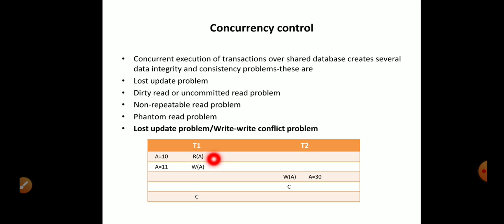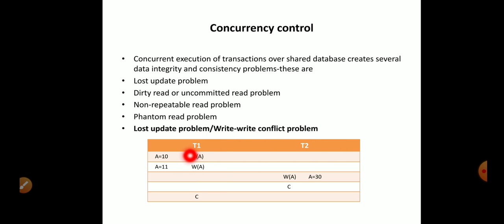It states that an update done to a data item by a transaction is lost as it is overwritten by the update done by another transaction. Let me explain with an example. Let's take the scenario of transactions T1 and T2.